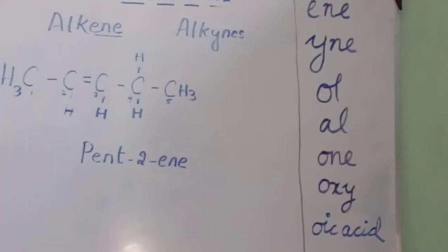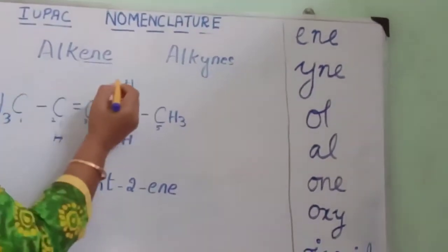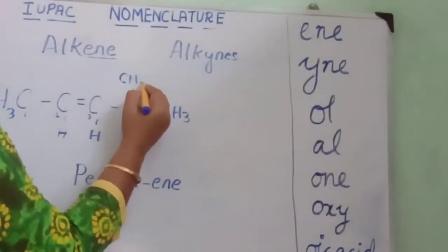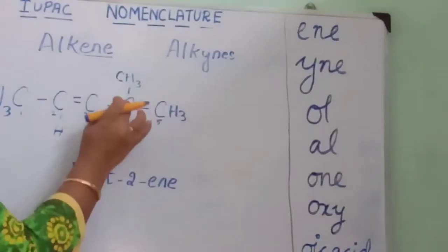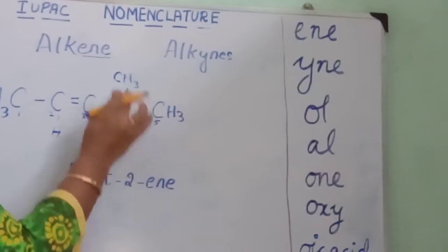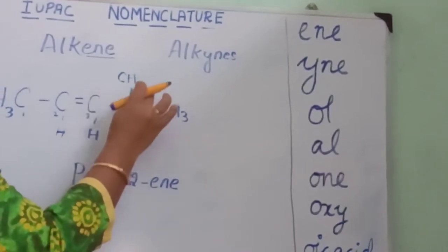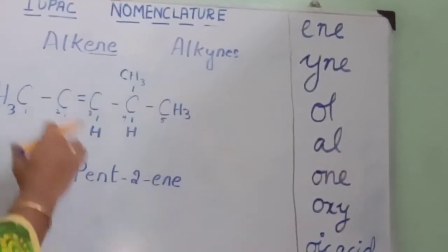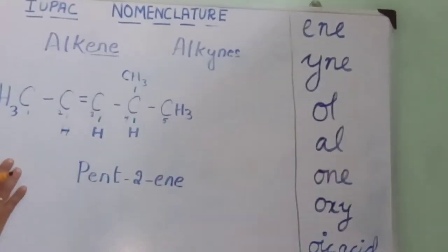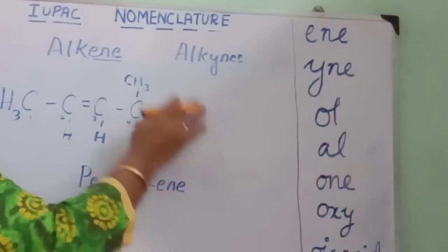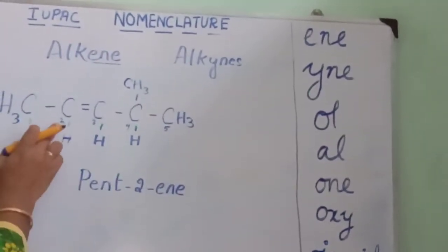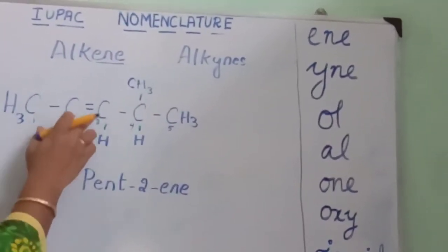Let me make a small modification. Let me make this carbon CH3, so instead of hydrogen, one more methyl is attached to this carbon. Now how can I name this? The numbering will not be altered, because the least number should be given only to the double bond.